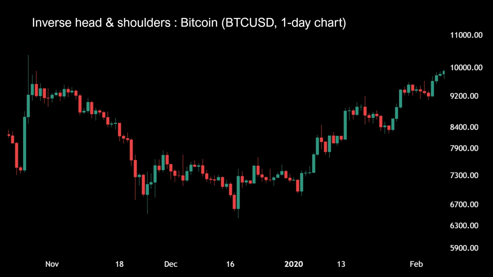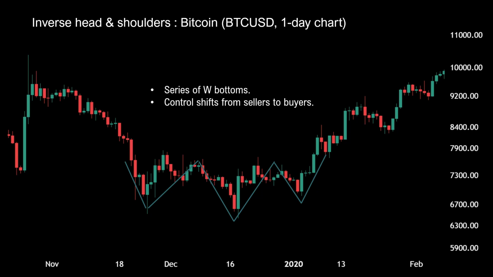So let's now look at the famous inverse head and shoulders pattern, and we'll use the Bitcoin 1-day chart this time. The first thing to notice is that we have a series of W bottoms. This shows that control is shifting from the sellers to the buyers. Here's the neckline. This is the price area that sellers are trying to defend aggressively.